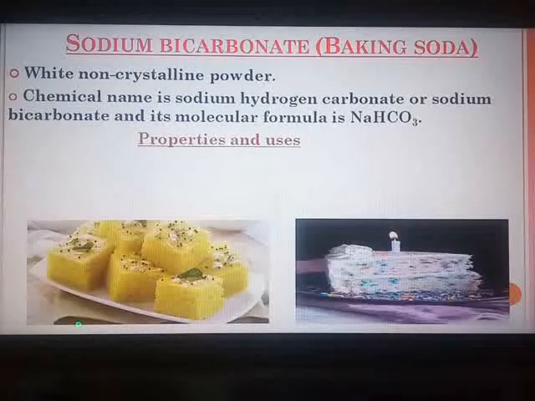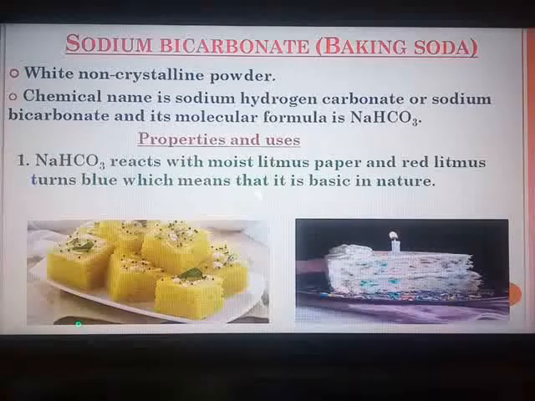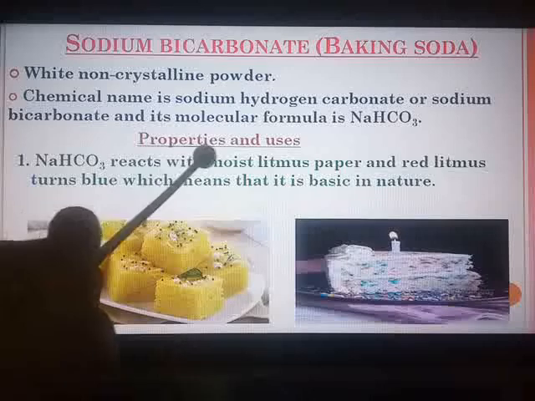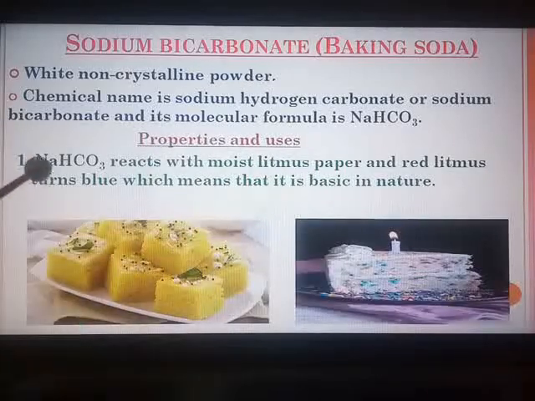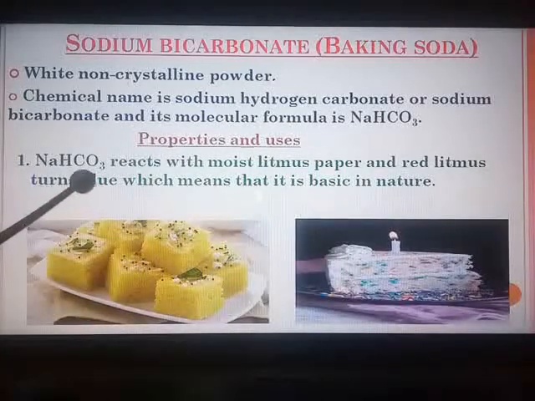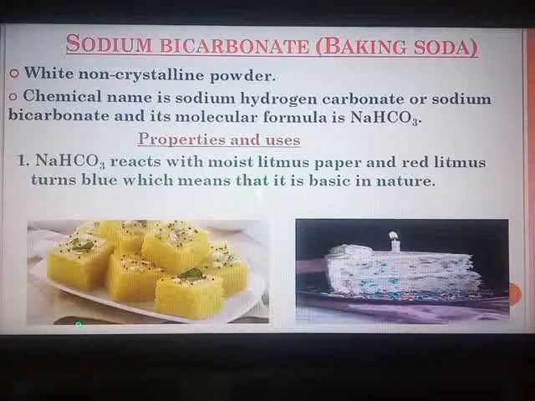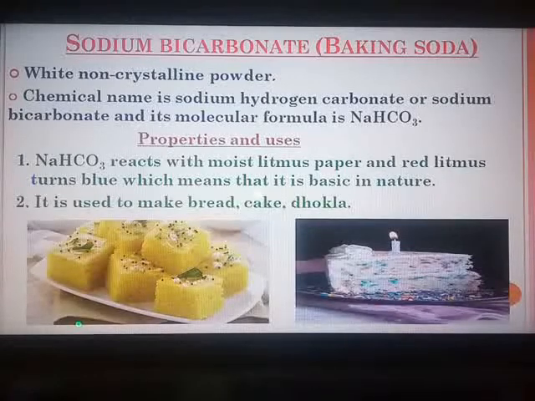About its properties and uses. The first is sodium bicarbonate or baking soda reacts with moist litmus paper, and here red litmus is seen to turn blue, determining its basic nature. Means sodium bicarbonate is basic in nature.